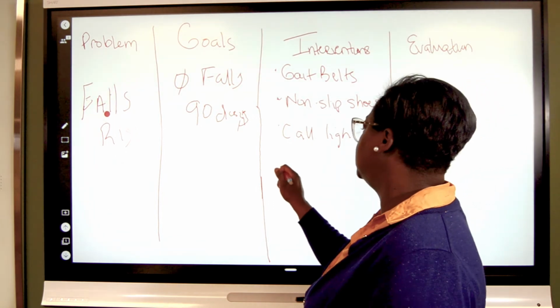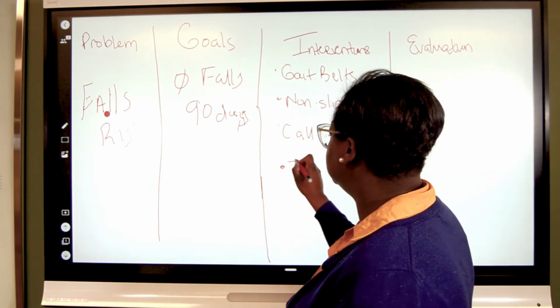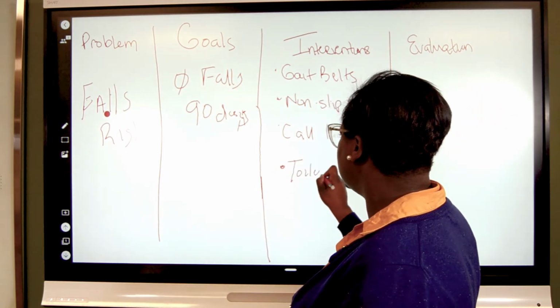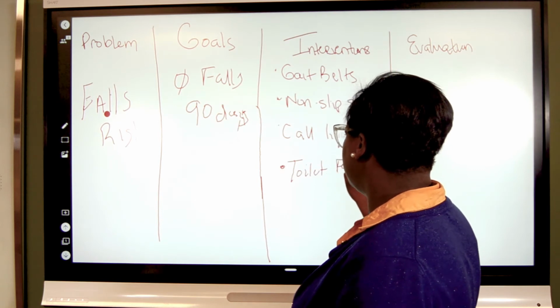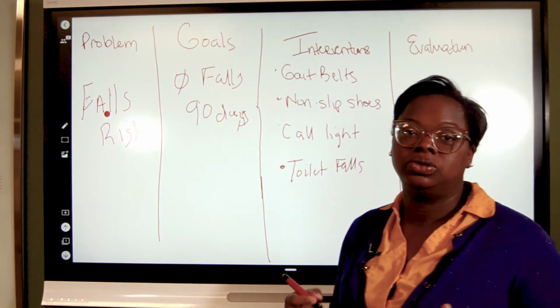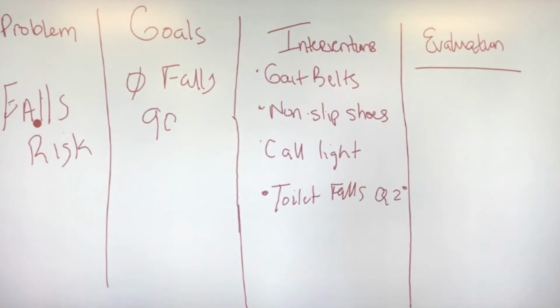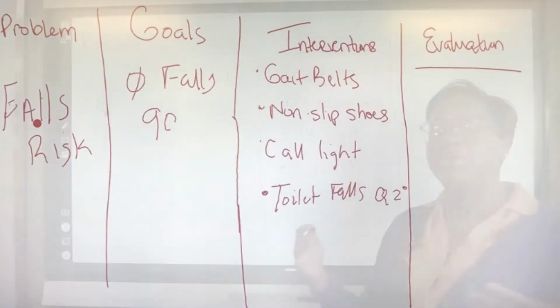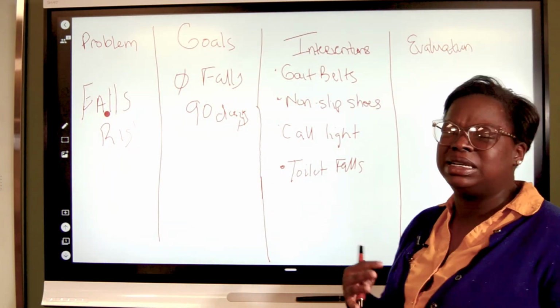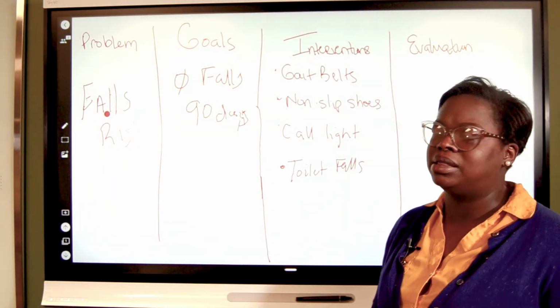And we know, let's say, that we will toilet the resident every 2 hours because most falls can occur when the resident is attempting to toilet themselves. And so if they don't have the call light to call you, sometimes they'll try to get up, go to the bathroom on their own. And I think it's something like 60% of falls actually happen in the bathroom.